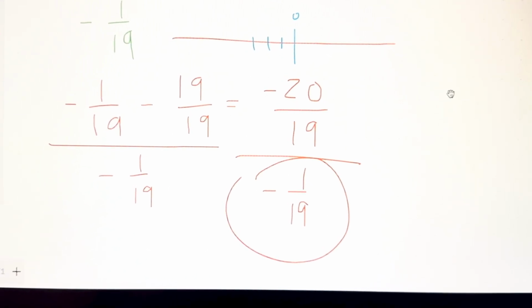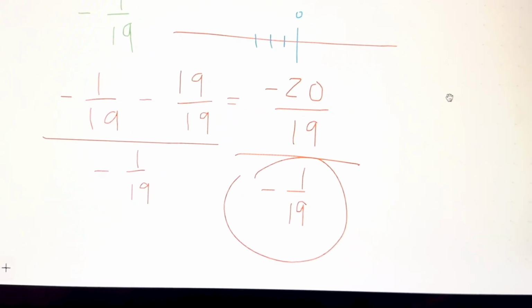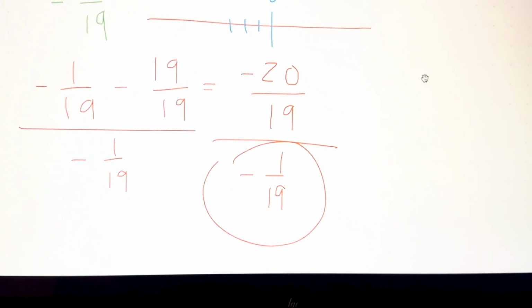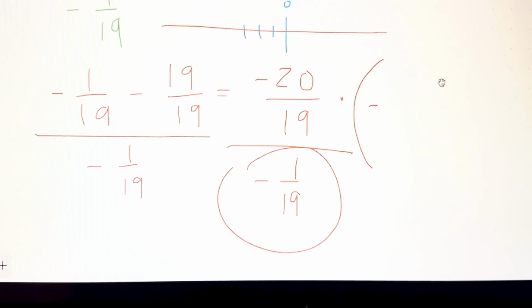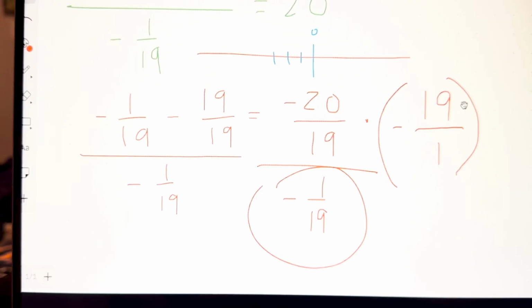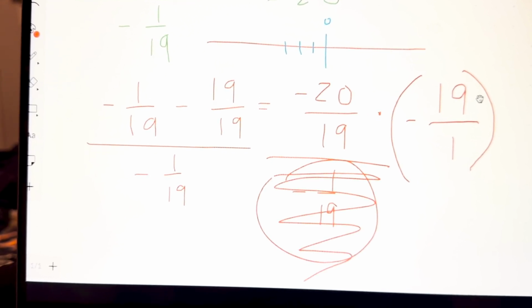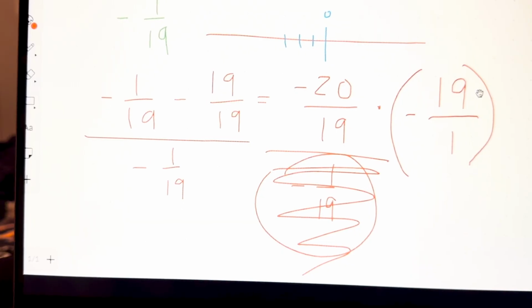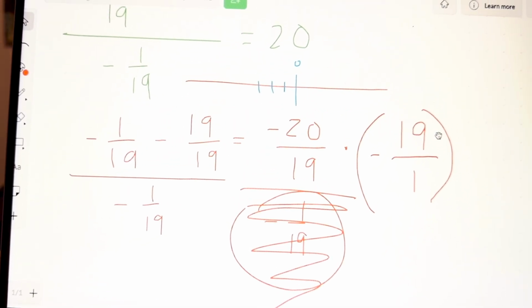The reciprocal means you flip the numerator and the denominator. So we'll multiply by negative 19 over 1. Does that make sense? Yes. Okay.